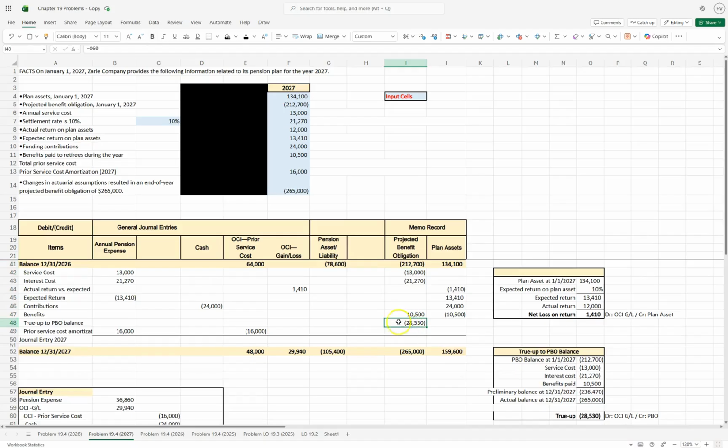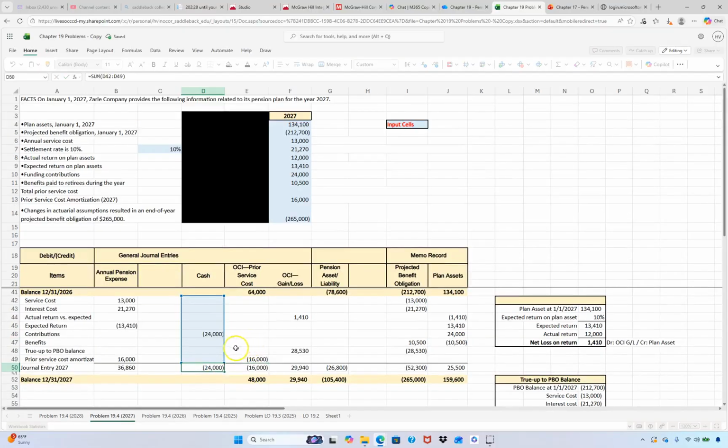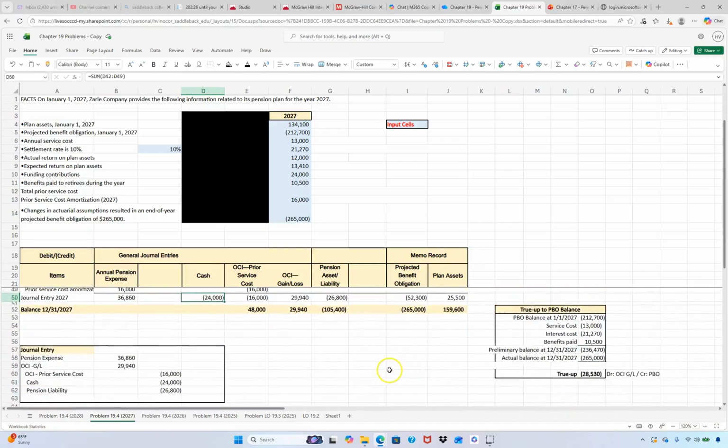Now that debit is going to go to OCI attributed to gain loss, other comprehensive income. And again, it's important to keep the buckets separate. But now when I'm all done, these are all my transactions for the year, and I have my journal entry for the year. I have my P&L amounts, which are just what's in the current year, and here's my cash journal entry, and so on and so forth.